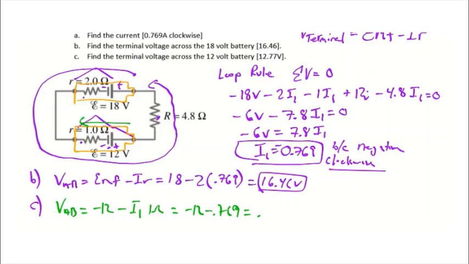And that's going to give you negative 12.769. So the difference between the two is 12.769 volts. The negative or the positive could flip depending on which direction you were looking at. So there you have it. We have successfully looked at the loop rule.